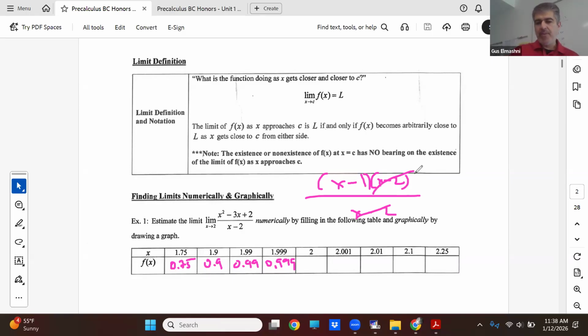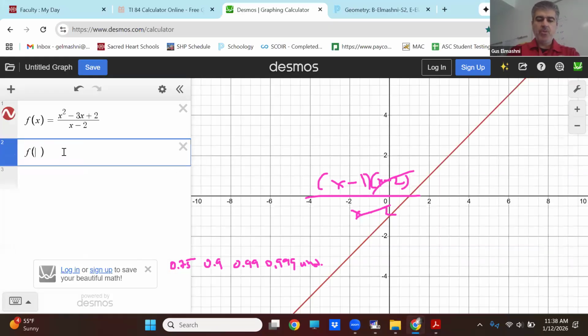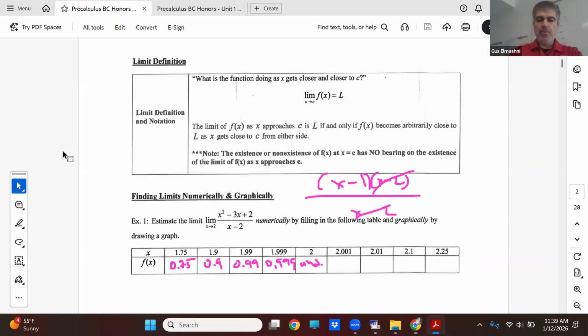So of course, if you plug in 1.99, you get that, right? But at 2 it is undefined. And if I plug in 2.001, 2.01, 2.1, or 2.25, I get 1.25.